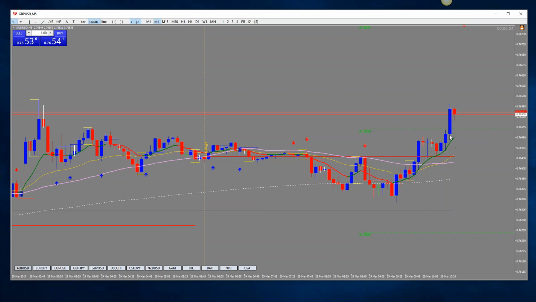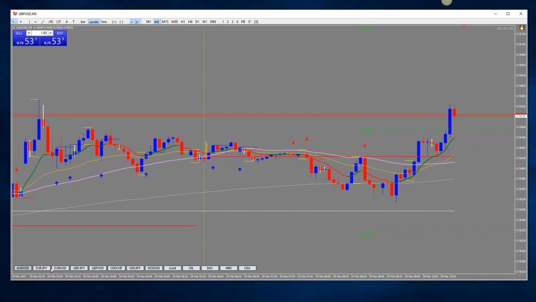Like you see here, the 10 and the 30 are moving away from each other, but they're still pointing in a good, nice direction. The 30 is pointing at 2 o'clock, and the 10 is pointing at 1 o'clock, and they're separating. Once they start closing, that's telling me there's a little bit of consolidation happening.